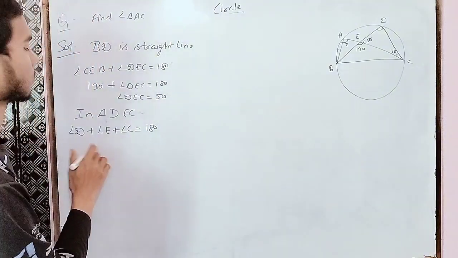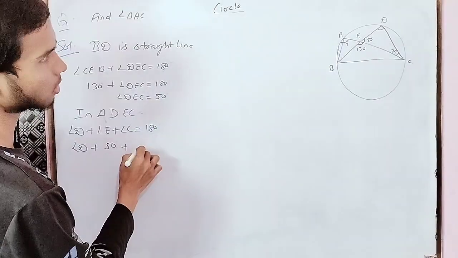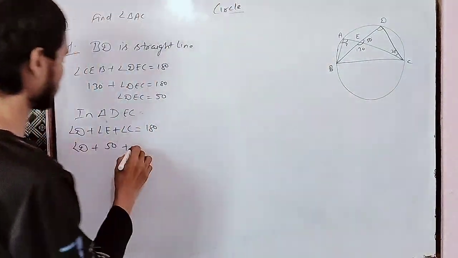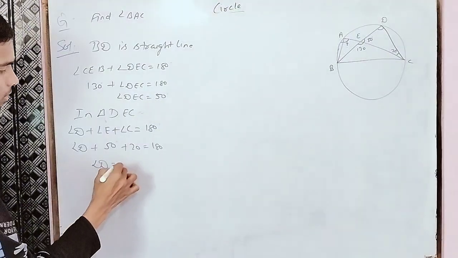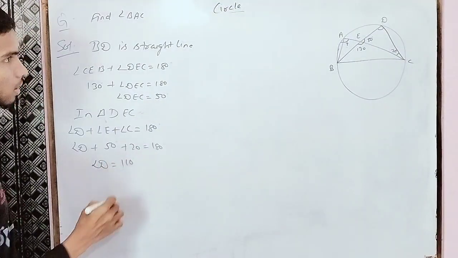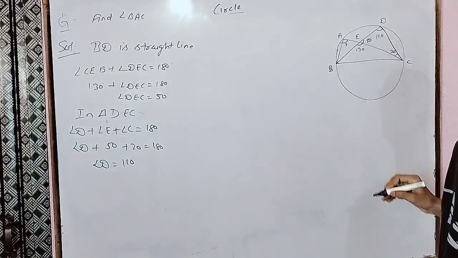Angle D we don't know, angle E is 50, and angle C is 20. Now angle D will be 180 minus 70, which is 110. So this is 110.